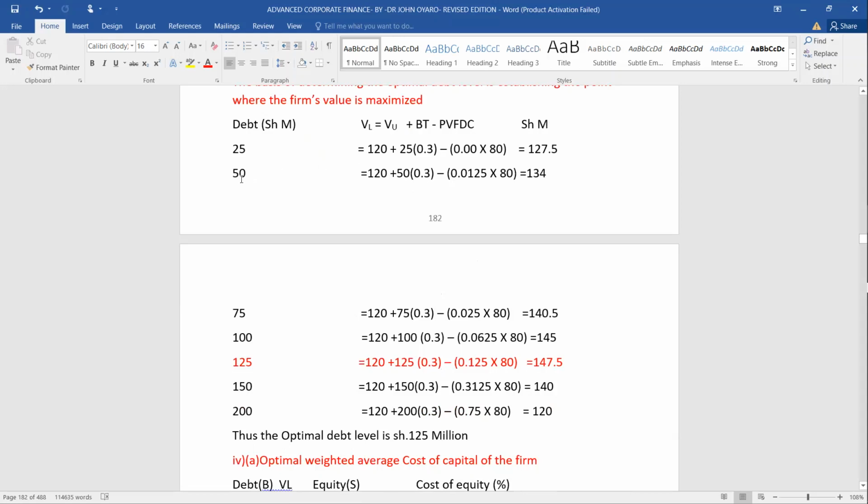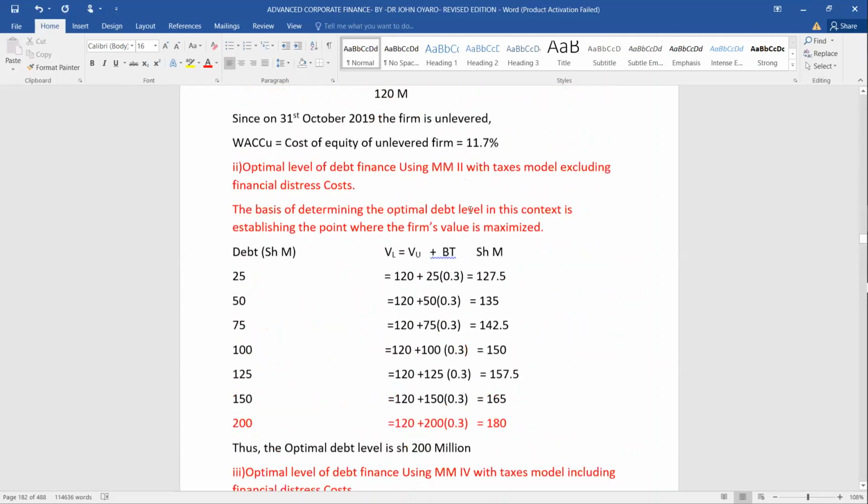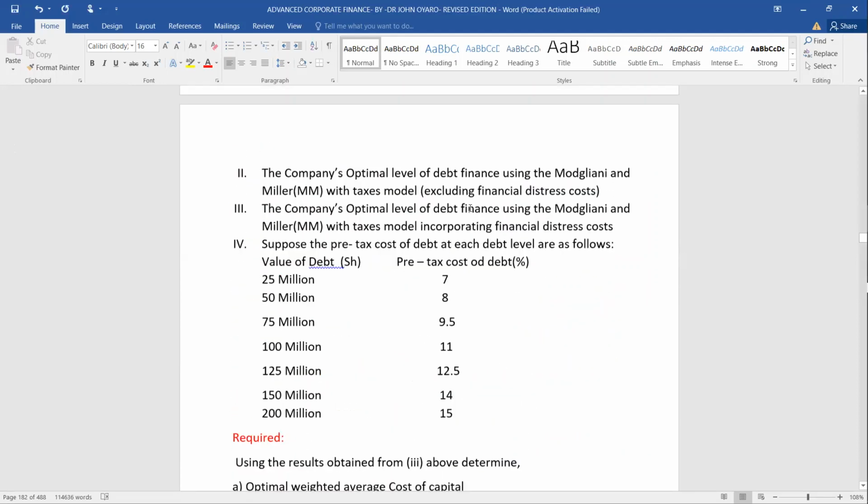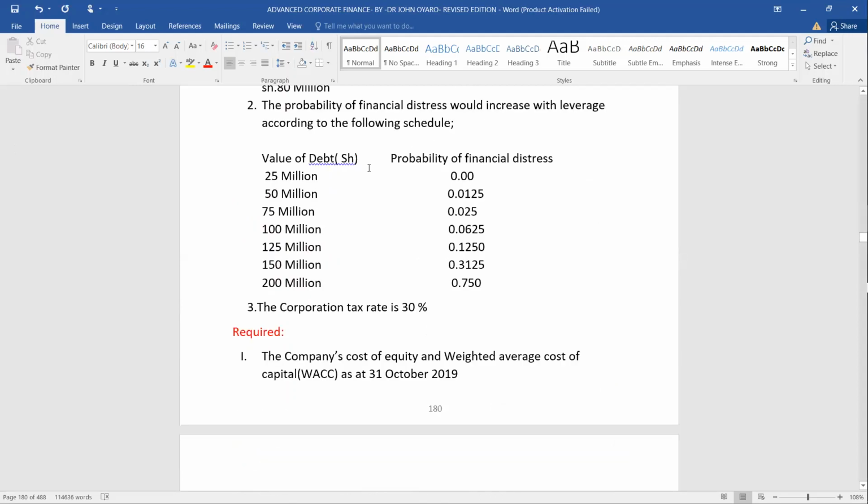Let's check at 50 million debt. The value of the unlevered firm is 150 million plus the amount of debt, 50 times 0.3, minus the present value of financial distress costs. At 50 million debt, we're given the probability of financial distress, which is 0.0125.